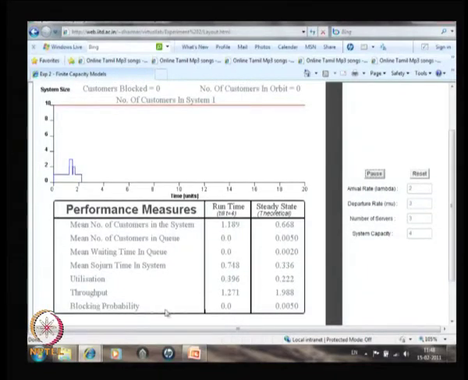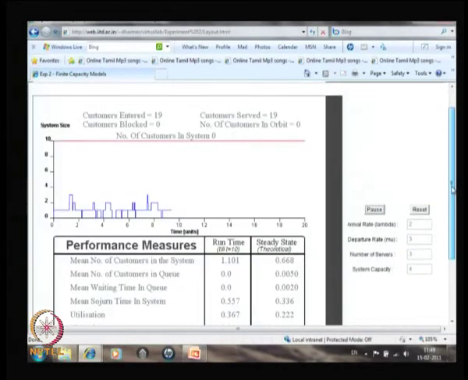The blocking probability in the runtime is 0, because at this time the system size does not cross 4, whereas the theoretical steady state result says the blocking probability is 0.005. Whenever the system touches 5, then you will have a blocking probability in the runtime. This is a discrete event simulation.